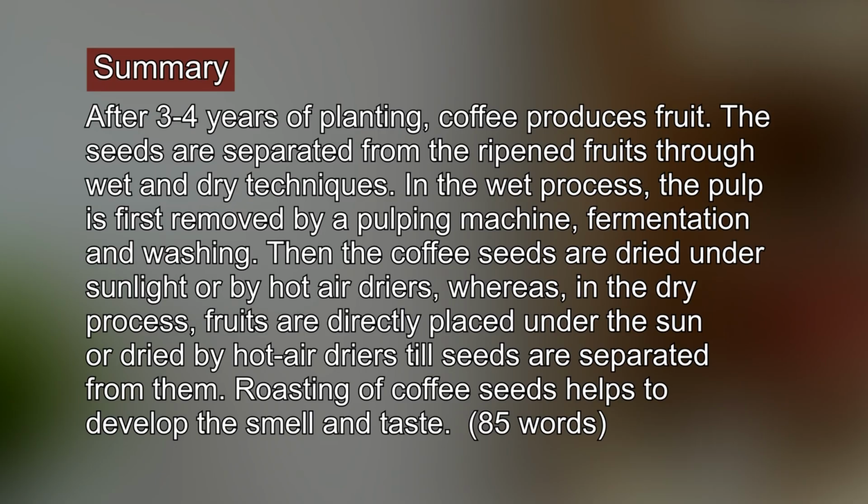The original text was about 250 words. Now you can see the summary has just 85 words, but everything that was there in the original text is captured in the summary. We've used a lot of linking words here, like after, then, whereas, and finally we're talking about the way it is roasted to develop its smell and taste.